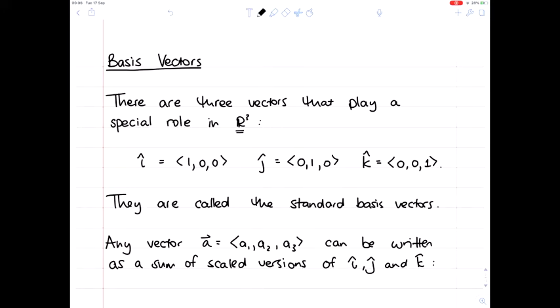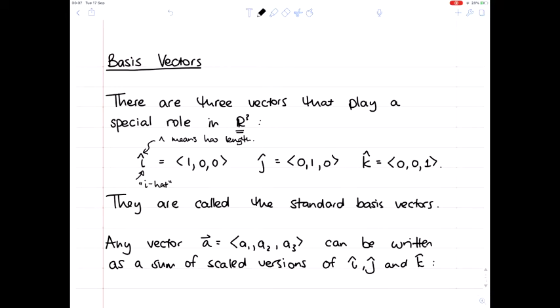So the first one is called i hat, and this little sign on top of the i, which looks like a little cup, says that this basis vector has length 1. So our little hat means has length 1.